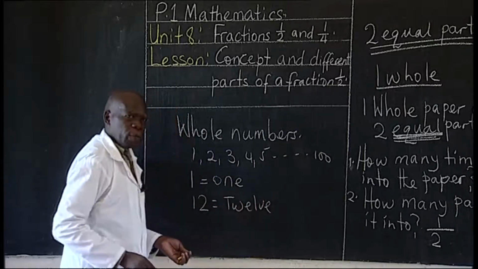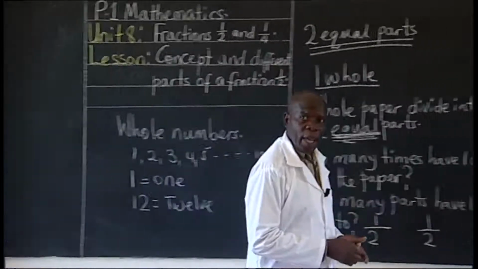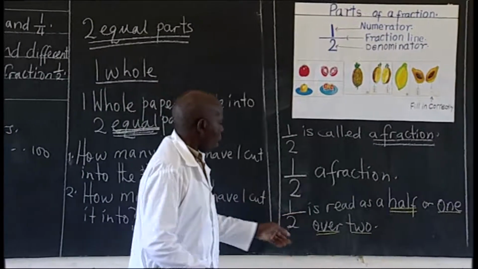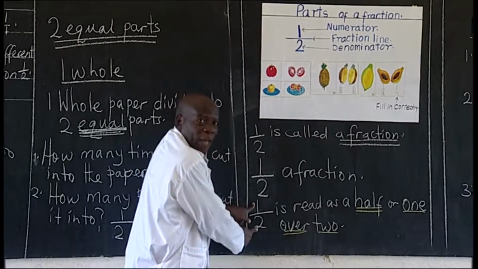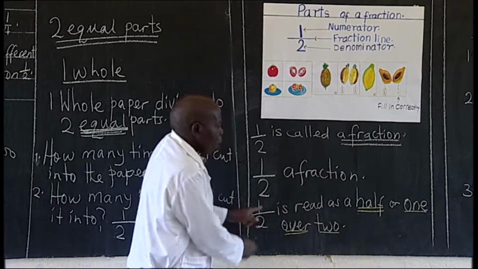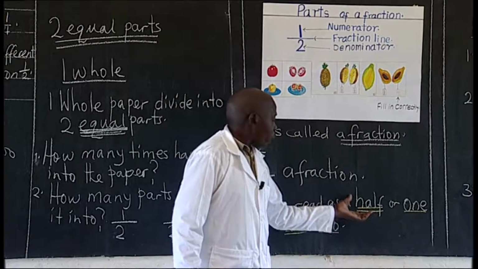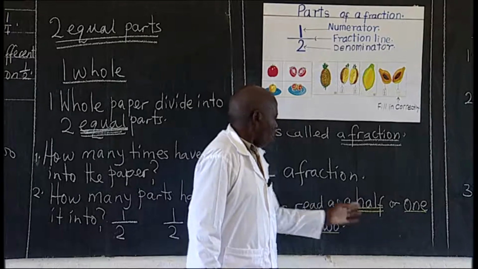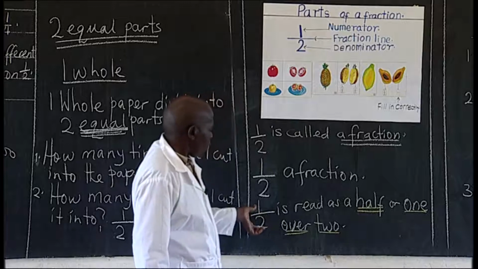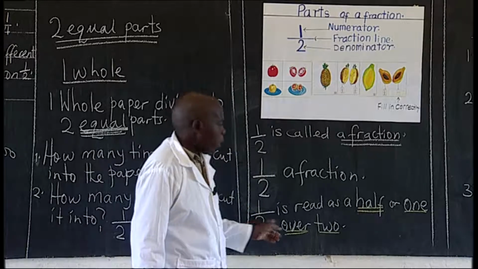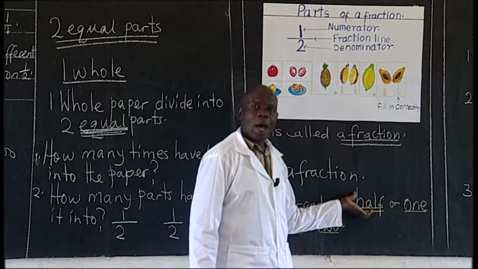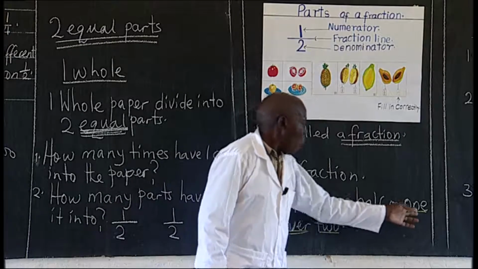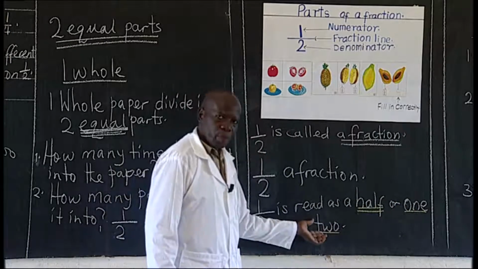That is beautiful. So, also here, when we write this one in figure, we need to know how to write it in words. Is that clear, children? Great. So, in figure, it is 1 over 2. In words, it is a half, or 1 over 2.